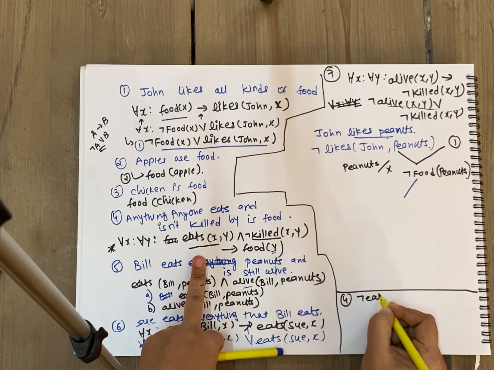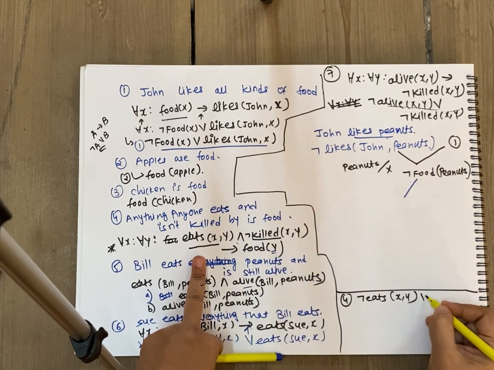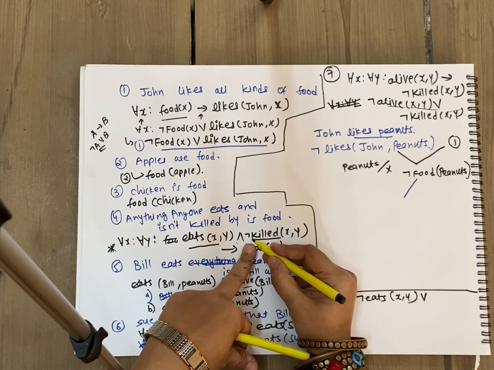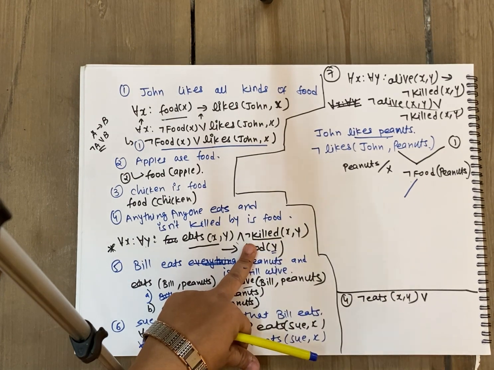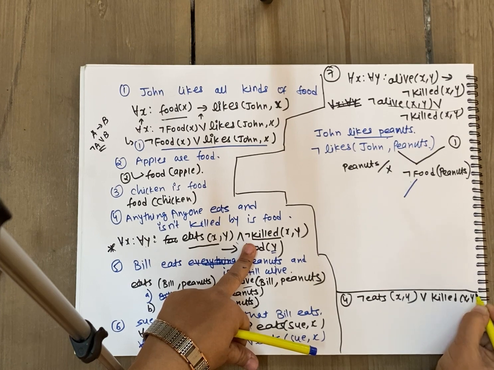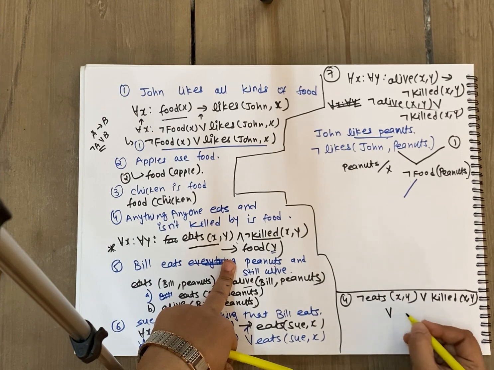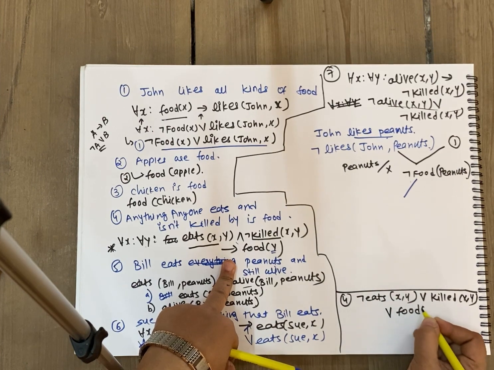So not eats x comma y, then and is negated, so it is or. Then not, if not is applied to not, it is going to be positive, so killed x comma y, and then the implication will be converted to or food y. Let me repeat.